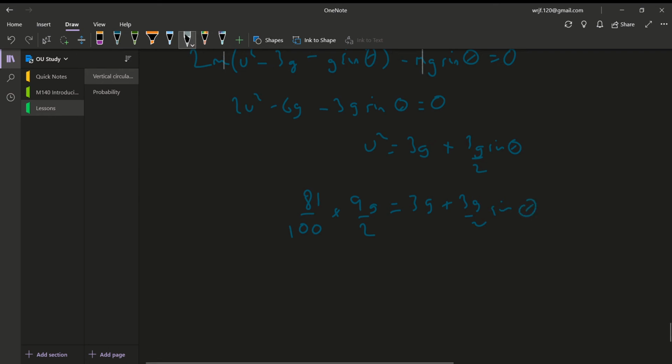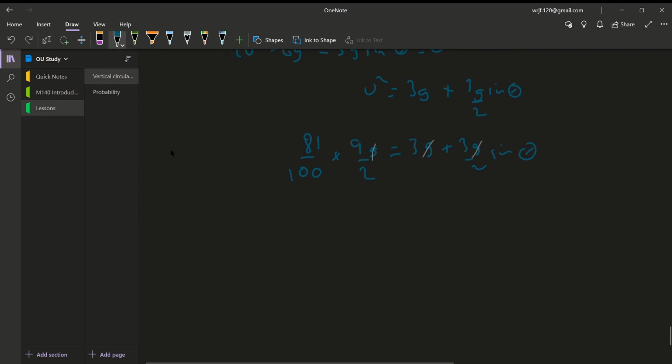We've now got ourselves an equation in which every term has a g, so the g's cancel out, and everything else is just numbers apart from theta. So we should be able now to solve this one. So we've got 3 over 2 sine theta. 81 times 9, what's that? 729, isn't it?